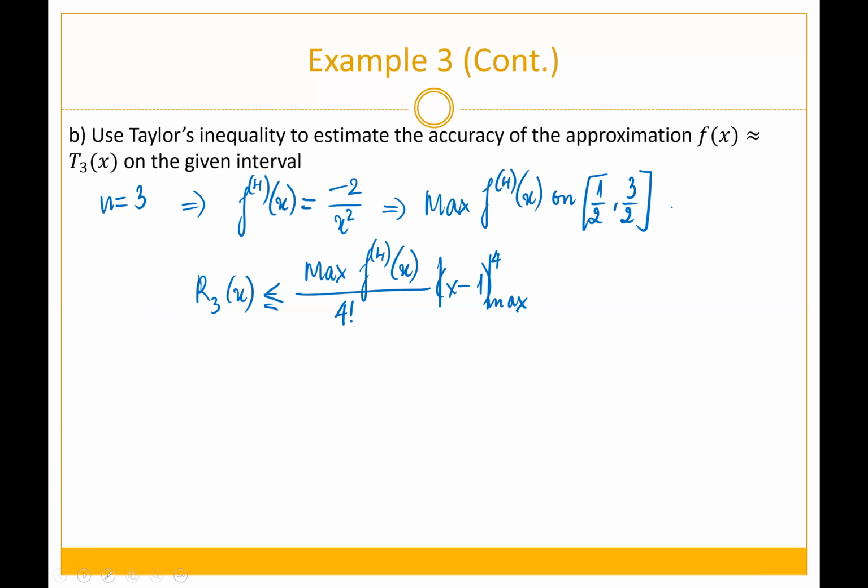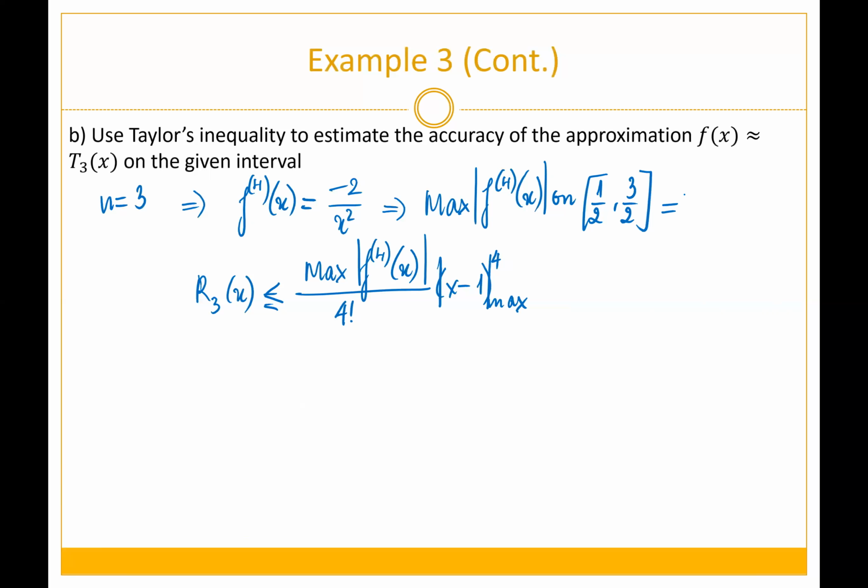Let me check the interval that we're given. So when you plug in different values, just looking at it here, we need the max of the absolute value of the fourth derivative, which is just 2 over x squared. If you want this fraction to be maximum, then you need x squared to be minimum, so x has to be minimum as well.